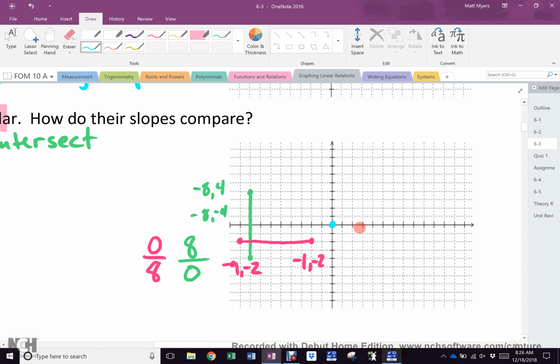Let's put it at 7, 7. Everyone cool? So what is that guy's slope? How far did I rise and run? It's 7/7. Yeah? Everyone good?